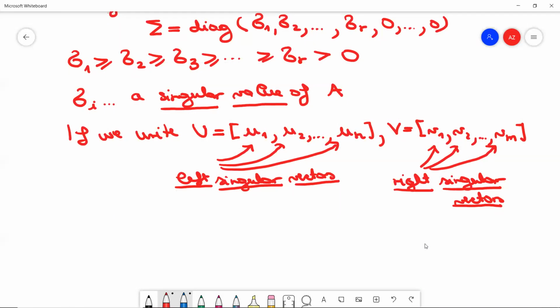Okay, and now let's recall how we calculate this singular value decomposition.